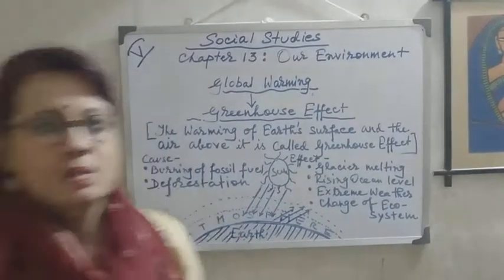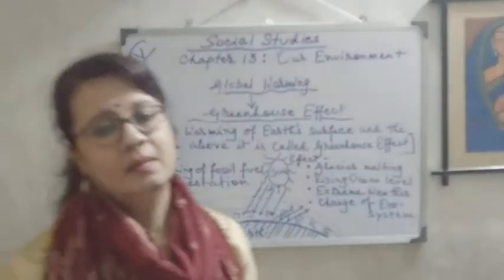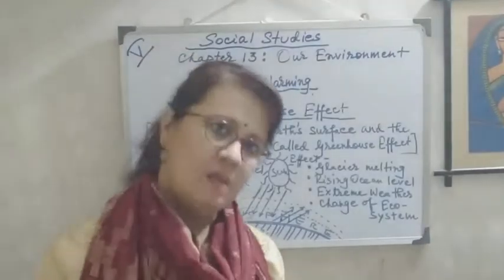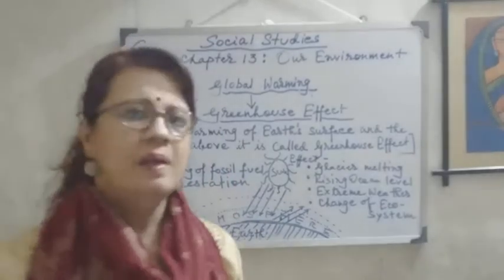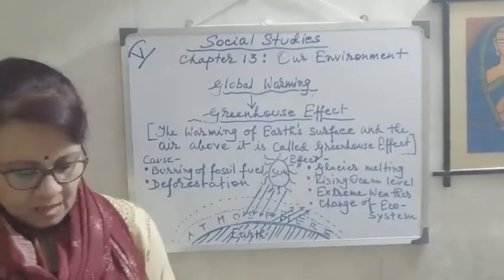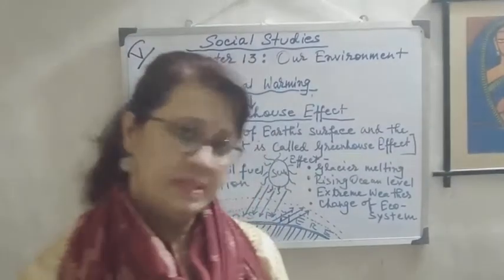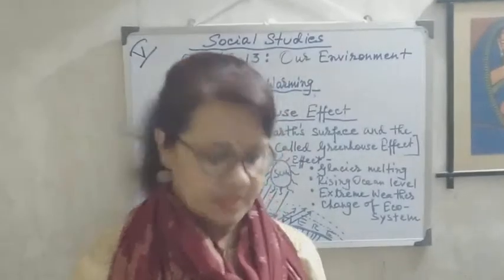Okay. So in our previous classes, we already learned that everything that surrounds us is called environment. That is sky, water, air, soil, plants, animals, birds, anything. And our environment has two components. They are abiotic and biotic.